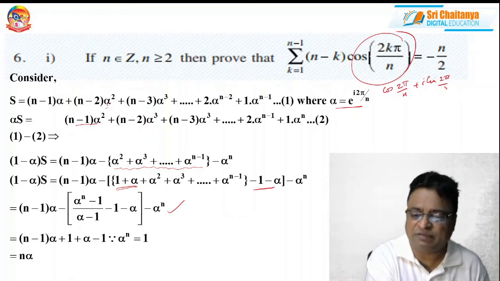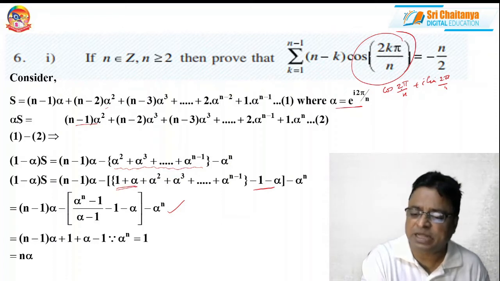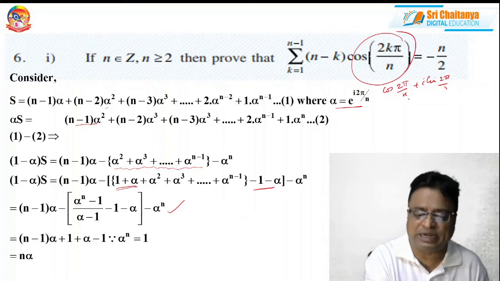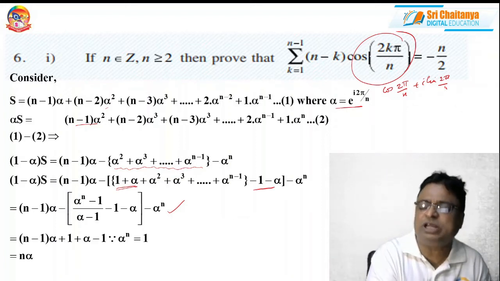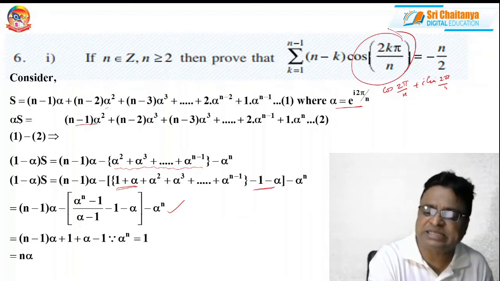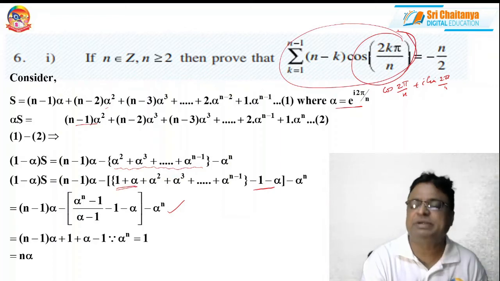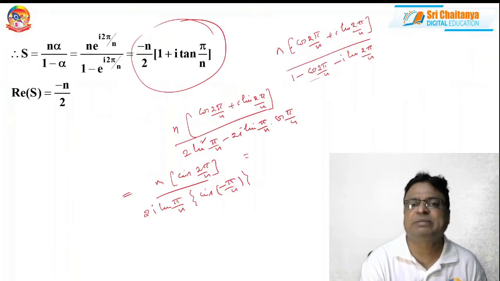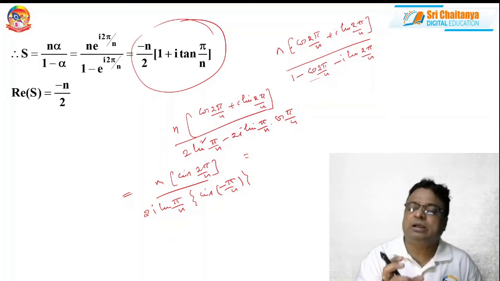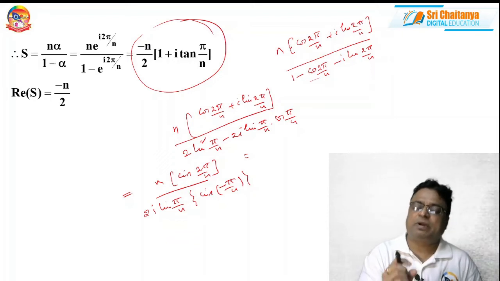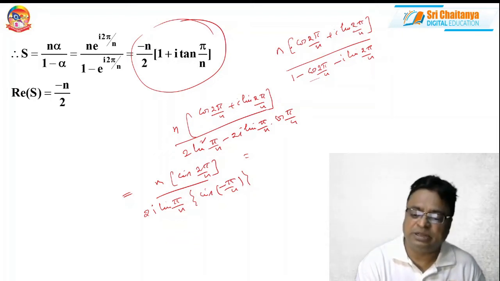Here alpha is cos 2 pi by n plus i sin 2 pi by n, like that. So if I concentrate only on the real part, I get the summation, and of course my summation now becomes minus n by 2.